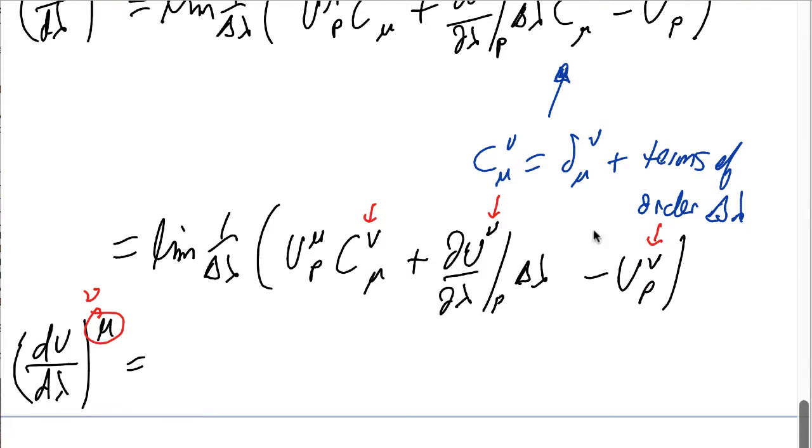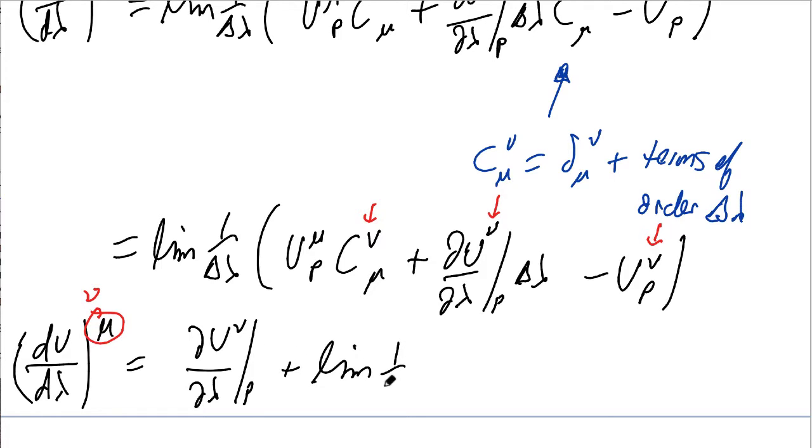Now if I continue, I'm bringing this term out front. The Δλ's cancel, and we have the ordinary derivative of the components of V at point P plus the limit of 1 over Δλ of this term minus this term. Let me write it as C^ν_μ minus the Kronecker delta δ^ν_μ, times V^μ(P).